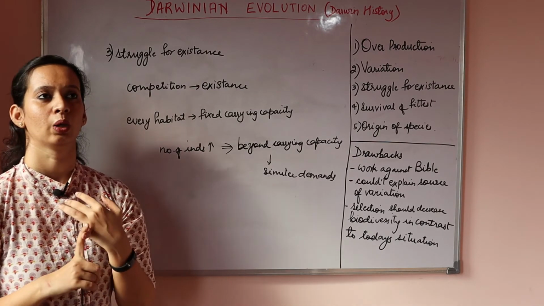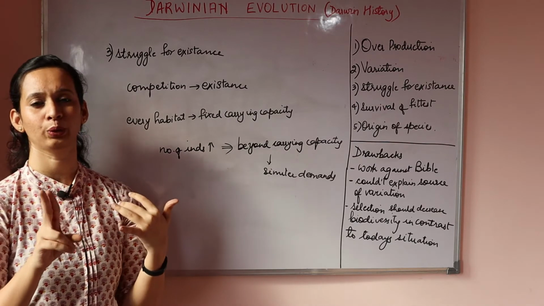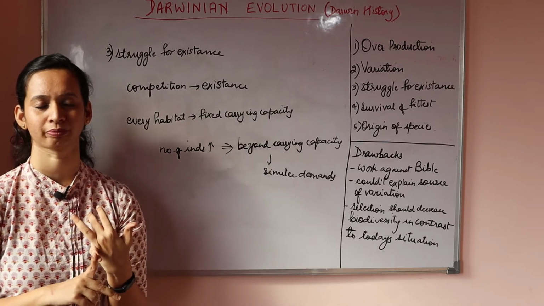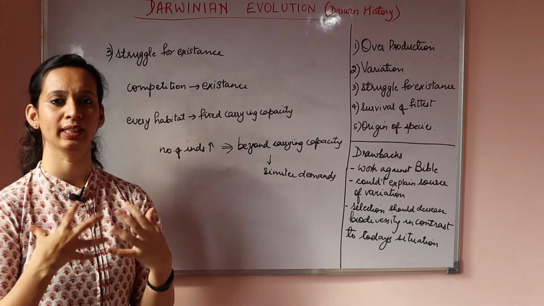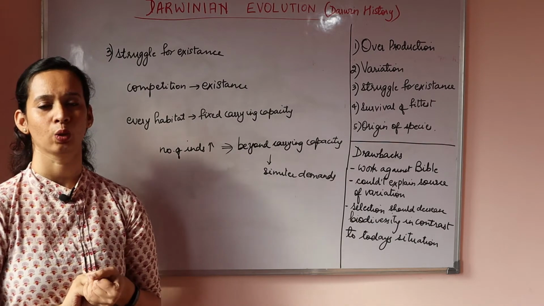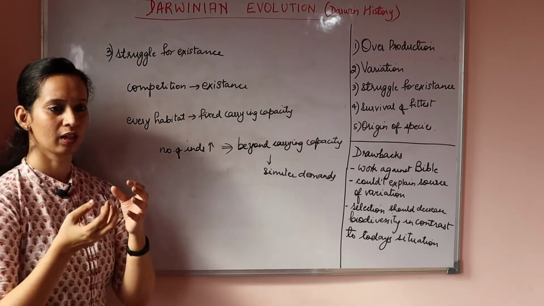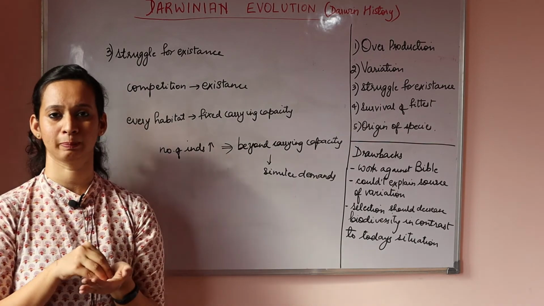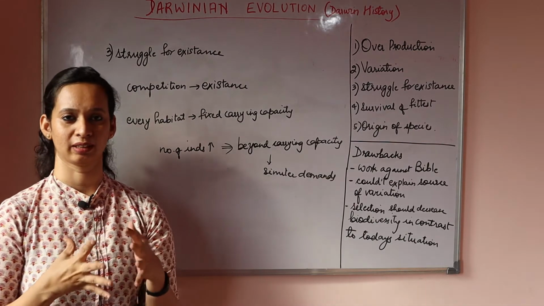Interspecific means between two different species, and intraspecific means it is within that particular species. And intraspecific competition is always stronger because when you have the same species, they know each other's weaknesses.